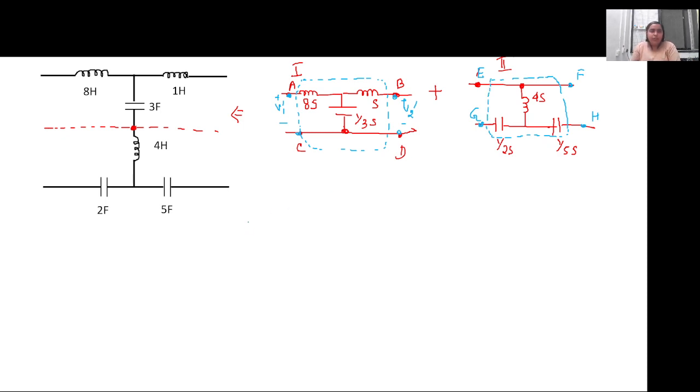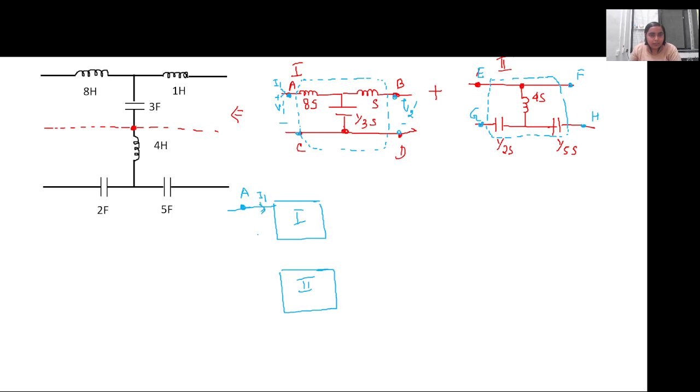When we connect two networks in series, the current has to be the same in both network 1 and network 2. Whatever current enters network 1, let this be I1. This point is A, because the input current I1 enters through the first network.